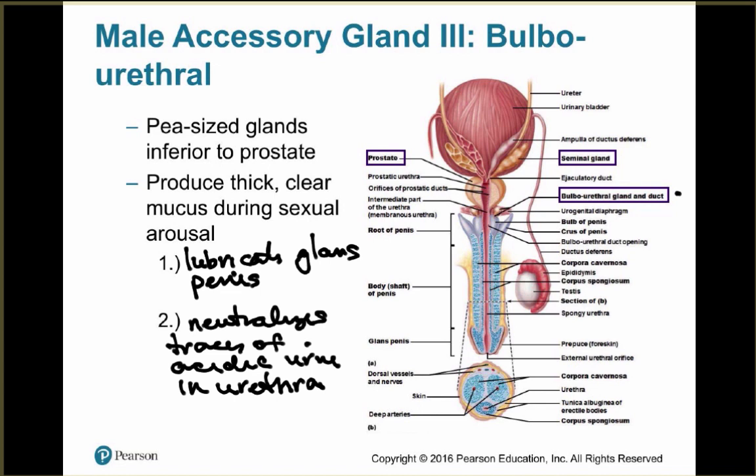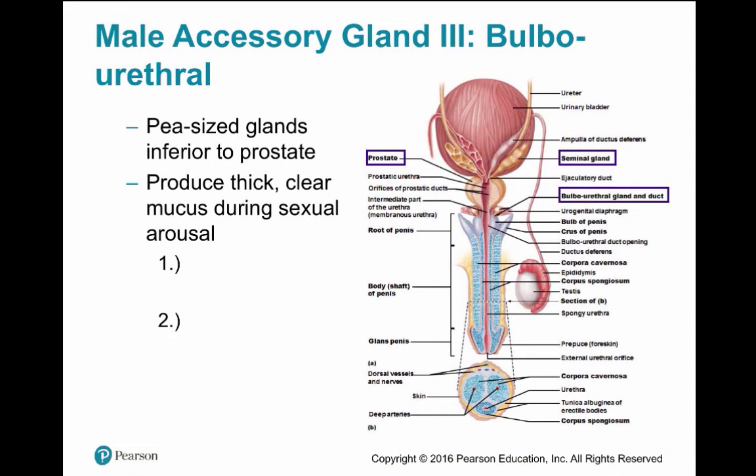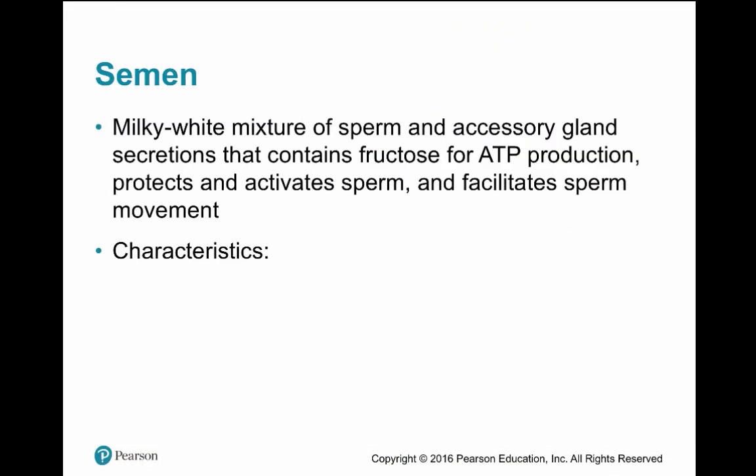Now, what's going to go through here? Well, sperm, of course, but sperm is part of something bigger, right? Essentially known as semen. And semen is this white, milky mixture of sperm and accessory gland secretions.